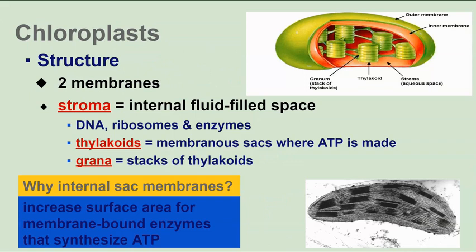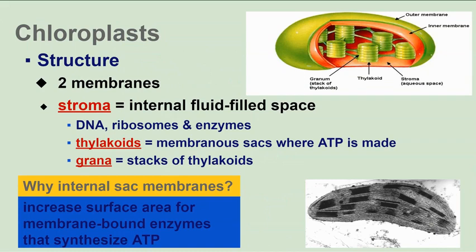If you look at that diagram, you've got those green coin-shaped stacks. And those membranous sacs in the stack are called the thylakoids, and that's where the ATP is made. The whole stack of the thylakoids is called the grana. And again, we'll get into more detail about both the mitochondria and the chloroplast and how exactly this works in the next unit.